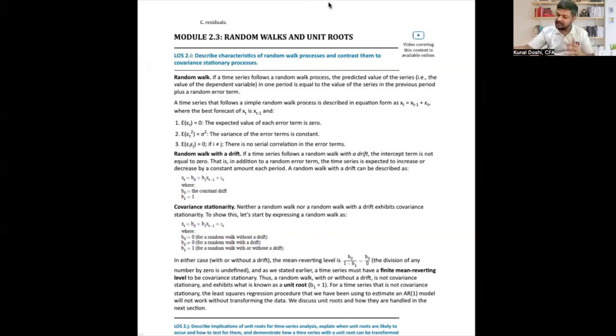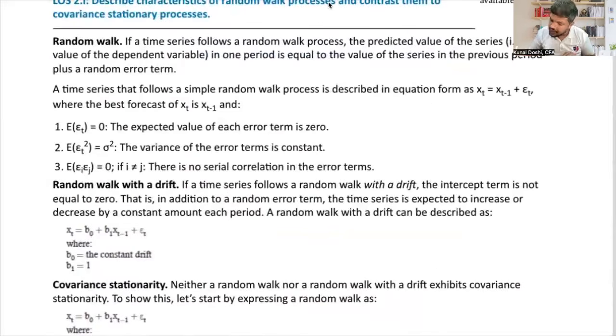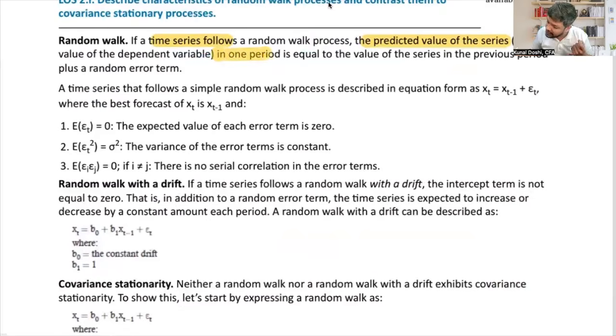Very interesting. Okay. First of all, what is random walk? Random walk is a time series process where the predicted value of the series in one period is equal to the value of the series in the previous period, plus a random error term.